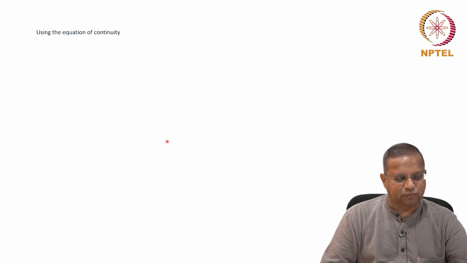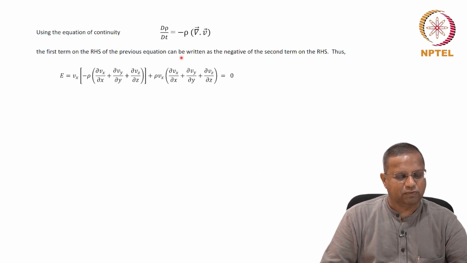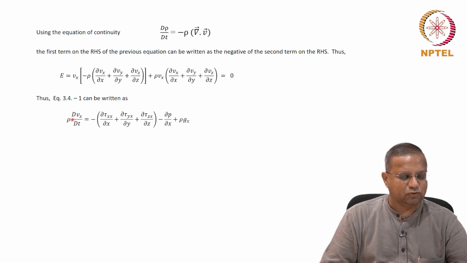We finally ended up with a nice looking equation: rho substantial derivative of Vx with respect to t equals minus dou x tau xx plus dou y tau yx plus dou z tau zx, minus dou p dou x, plus rho gx.